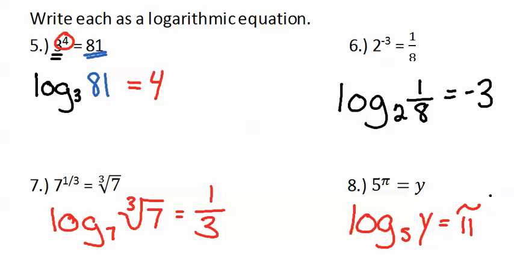For number 7, you should have gotten log base 7 of the cube root of 7 equals 1/3. And for number 8, you should have gotten log of y to the base 5 equals pi.